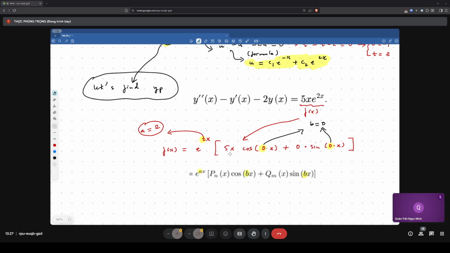And now you know φ(s) right here is the function p, and 0 is the function q. So this is p, and this is q.